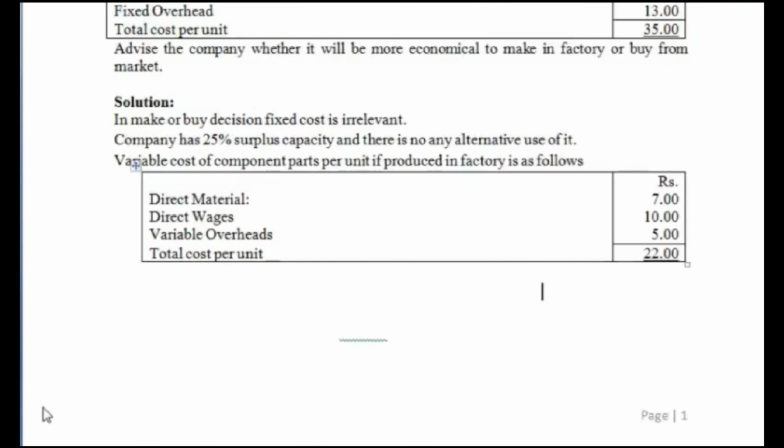So can you tell me what is the saving per unit if you are manufacturing this component part in your factory? If you make it in the factory, how many rupees do you save per unit? What you bring from the market at 32, now it will cost you only 22. Can you tell me what is the saving per unit?